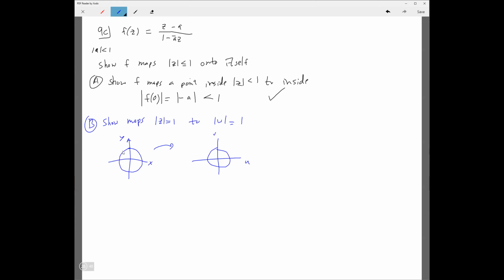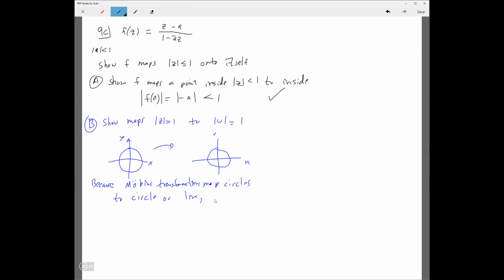You don't have to take every single point, because Mobius transformations map circles to a circle or a line.